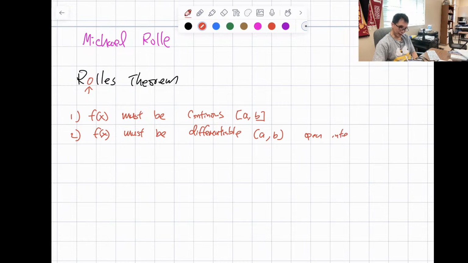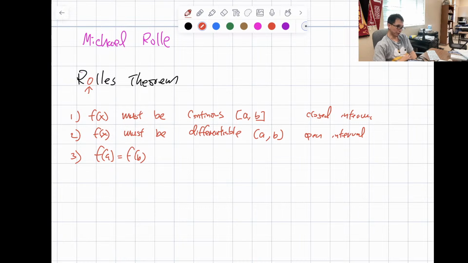So make sure that this is an open interval and this is a closed interval. So they have three conditions. The third condition says f of a must equal f of b.